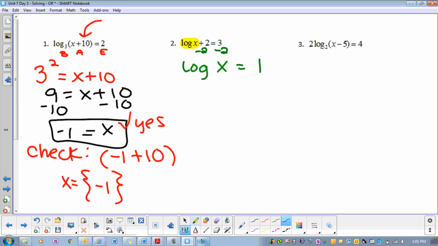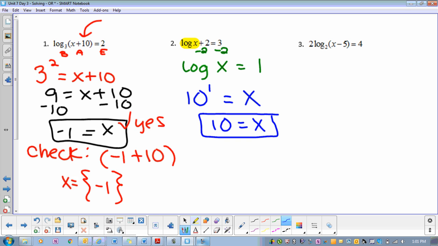So rewrite this. Base 10, exponent equals x. 10 to the first is just 10. So there you go. 10 equals x. Now let's check.